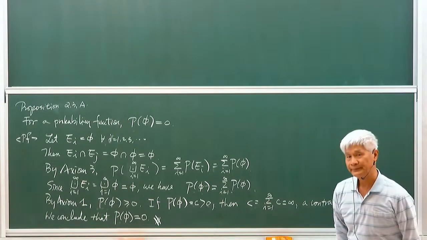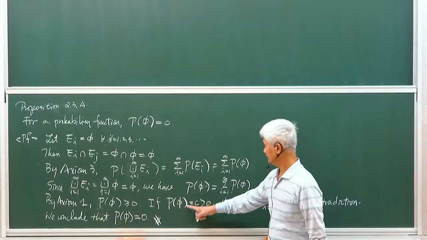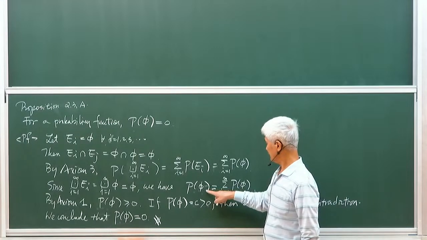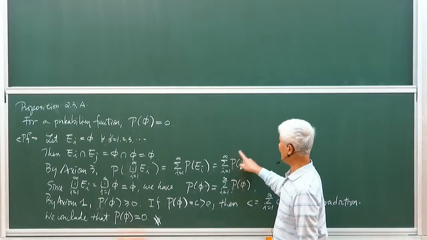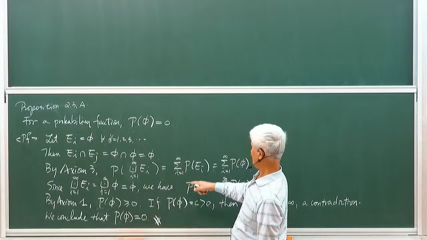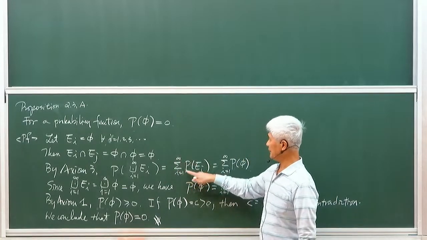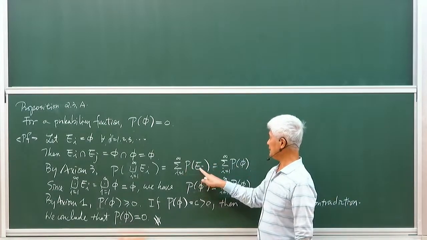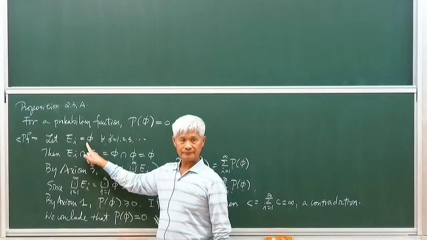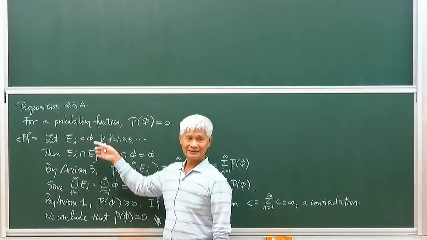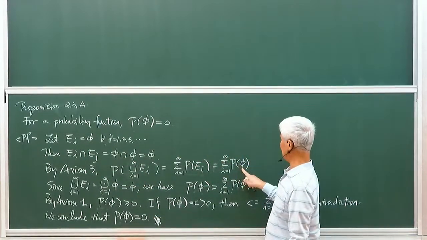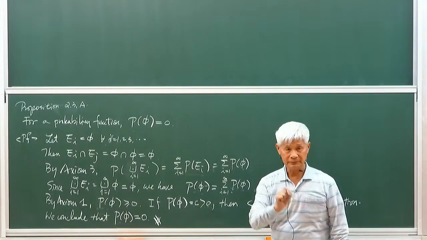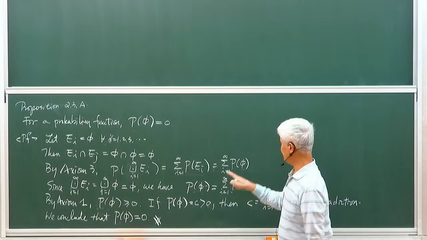The index should vary from i to infinity, because you have infinitely many terms to add together. And each one, because E sub i is the empty set by our construction, every term in this series sum is the same number.